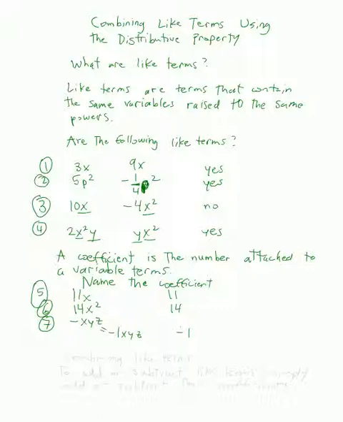So why do we care about coefficients? So coefficients are what we deal with when we're actually adding and subtracting like terms. So I would just like to write this out first before we do some examples. So we're going to talk about how to combine like terms.